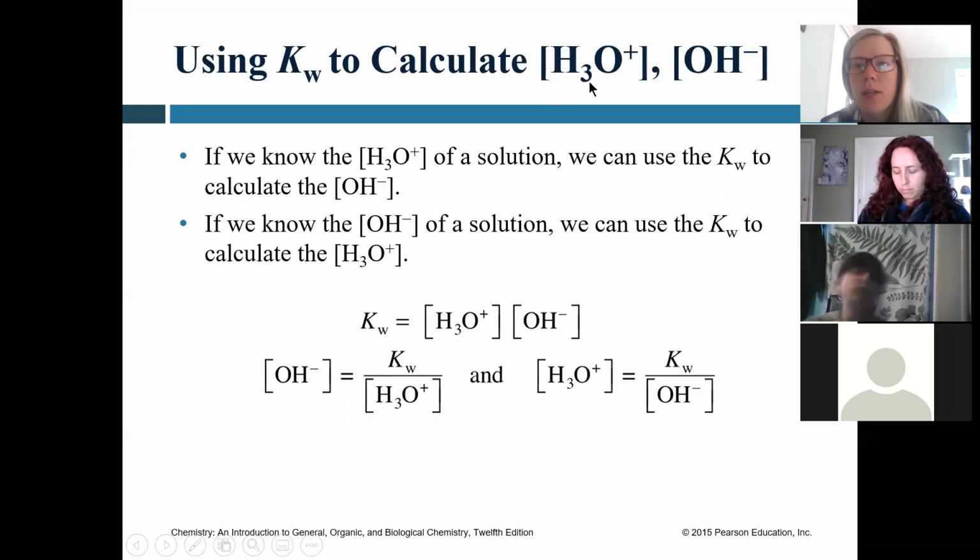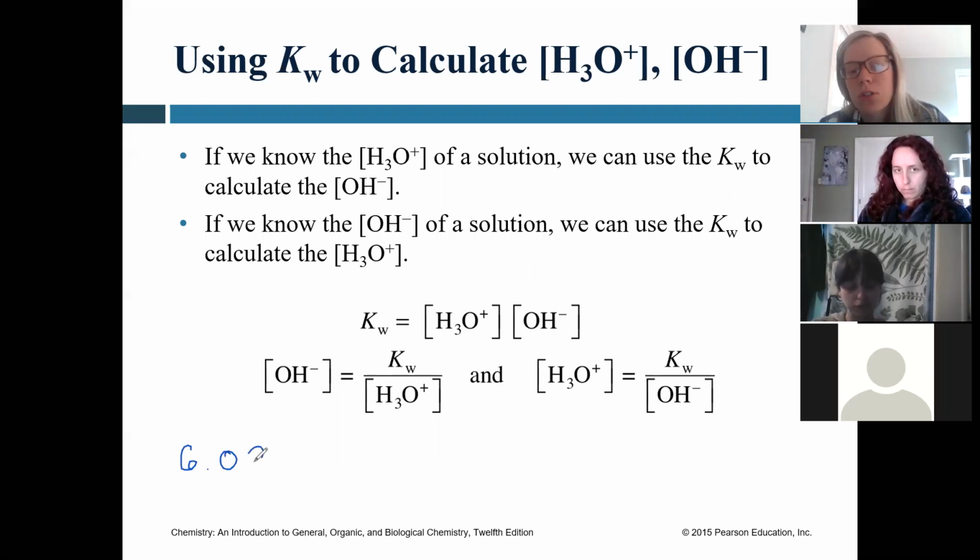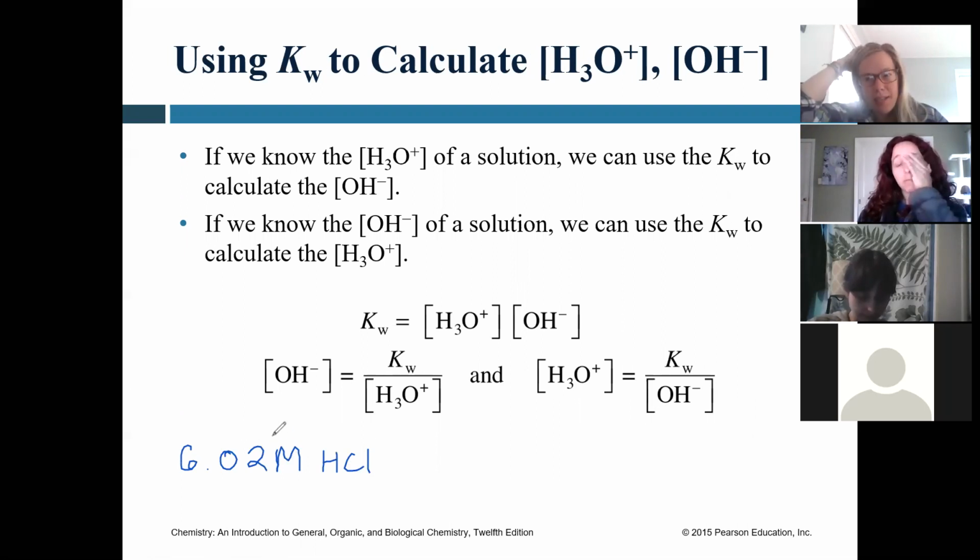So super nifty equation, because what if I said, hey, I have a solution and it contains like 6.02 molarity of HCl. And I want to know how much base it has. I could calculate how much base is in this solution because I know how much H plus is in the solution.